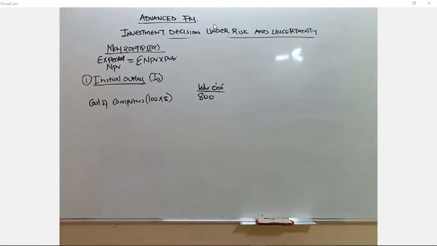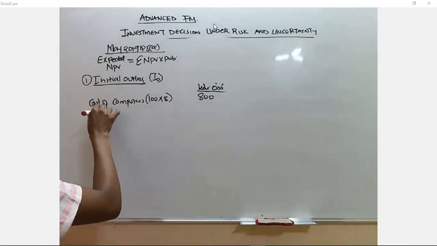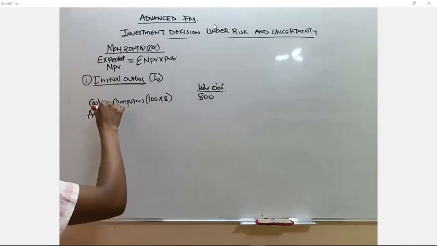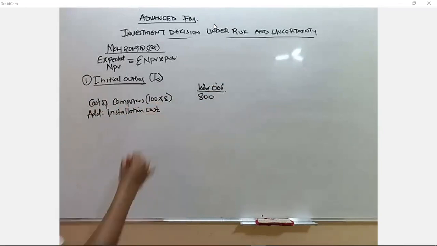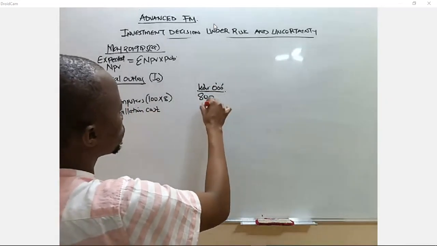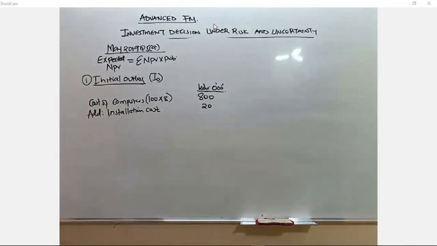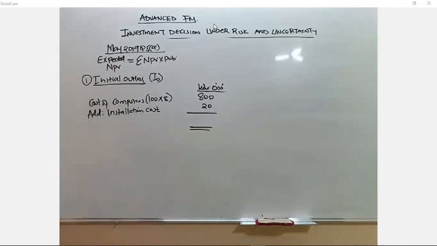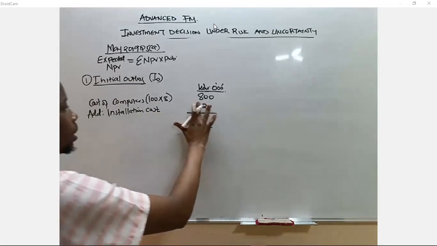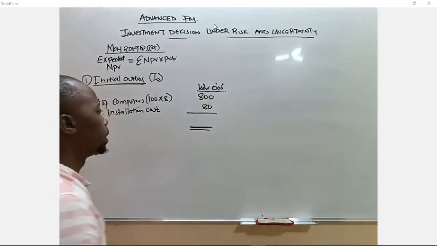Then we are told by the same examiner that we add incidental cost. In this case, our incidental cost is installation. The installation cost for all the machines is 80,000.